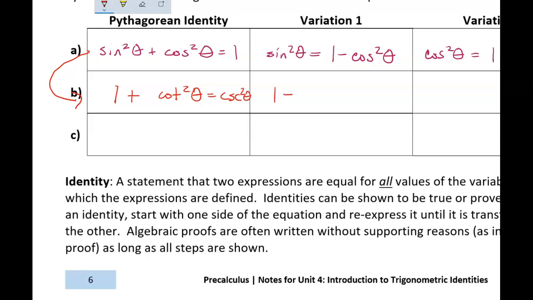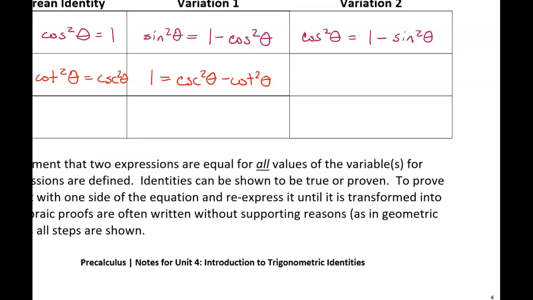If we want to isolate the 1, then we get 1 is equal to cosecant squared of theta minus cotangent squared of theta. If we want to isolate the cotangent squared, then we get cotangent squared of theta is equal to cosecant squared of theta minus 1.